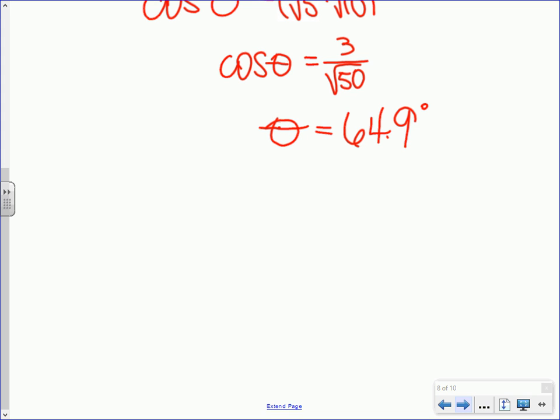Okay, I already hinted at this earlier. Is there another way for us to know, besides finding the angle, that two vectors are going in either the same or opposite directions? If two vectors are going in the same or opposite directions, what's true about them?